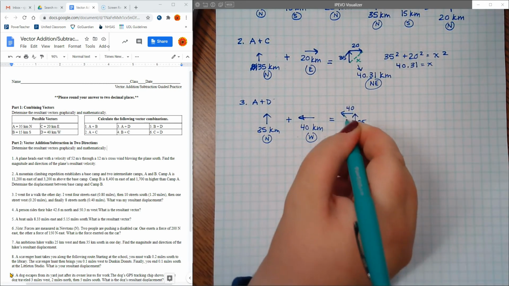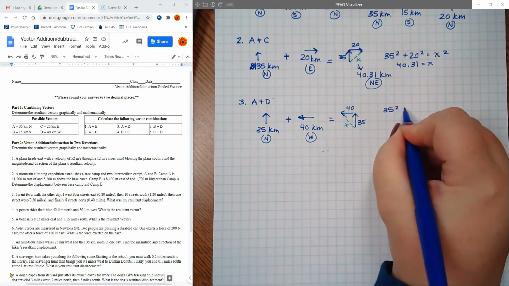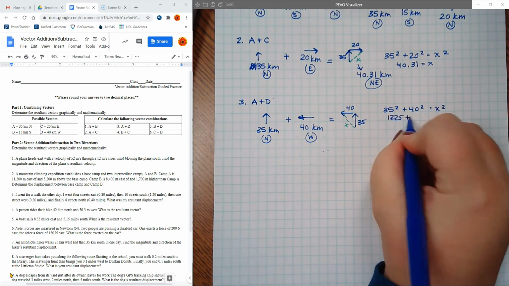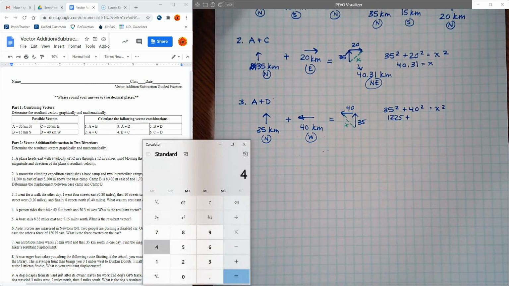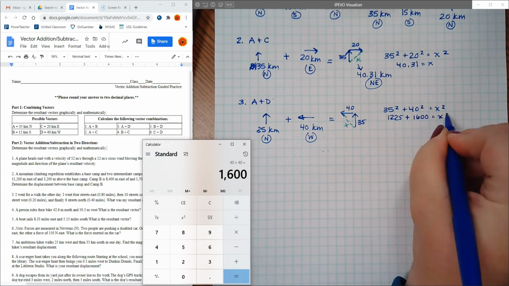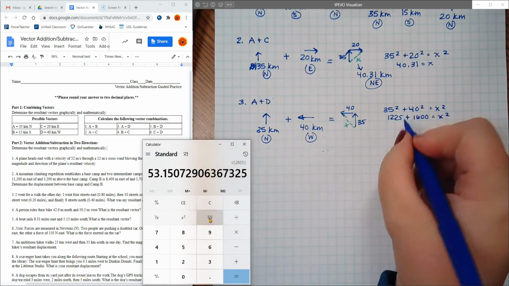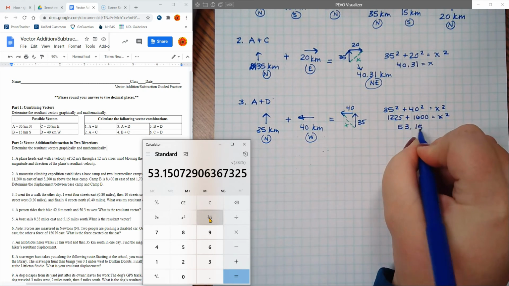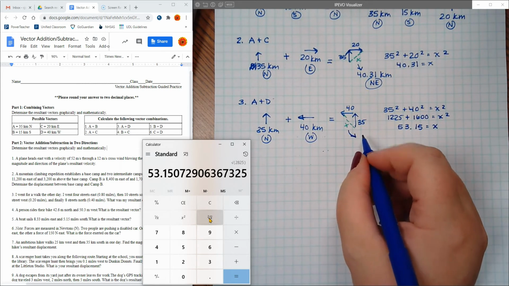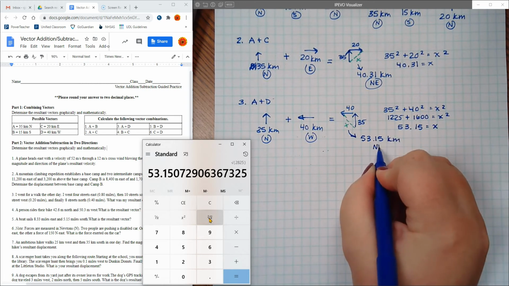And again, I can use the Pythagorean theorem to find out what x is. So then my resultant vector is 53.15 kilometers, and it's in the northwest direction.